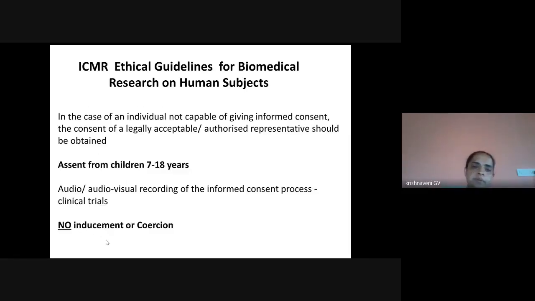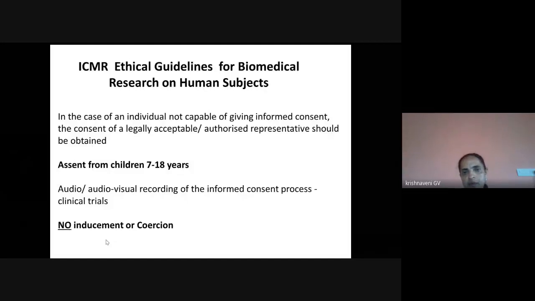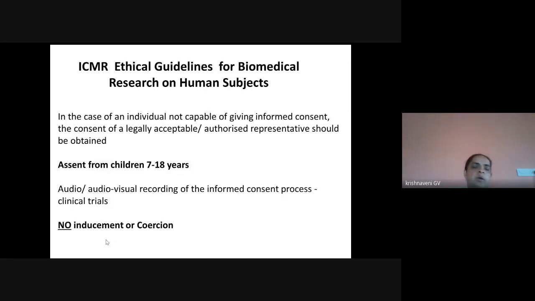So what happens if a person is not capable of giving consent? It may be a child, or it may be a person who is legally not allowed to consent. People who don't have stable mental faculties, there may be legal barring to give consent to such research.